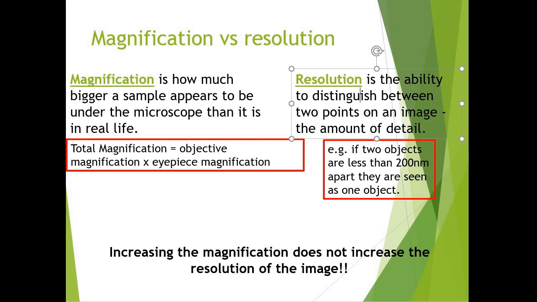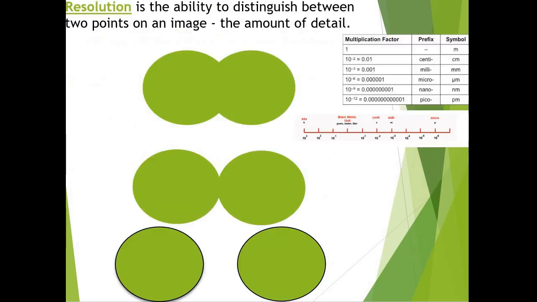Okay, now magnification and resolution are different things, and I'll try and explain the difference. Resolution is the ability to see 2 images or 2 places as separate points. So on this example that I've made here, you've got perhaps 2 cells here, and you're looking through the microscope, and the resolution is lower, so therefore you can't see it as well. So you've got this blurring of these 2 images overlapping.